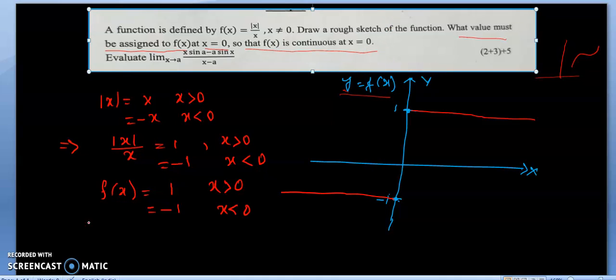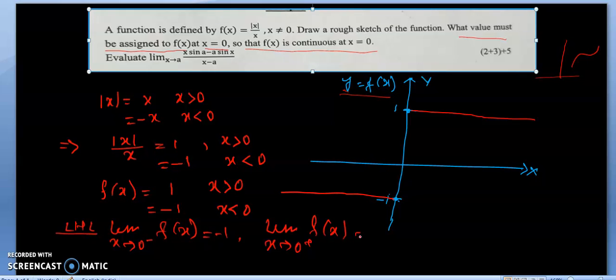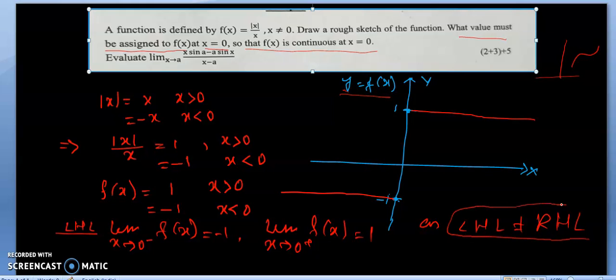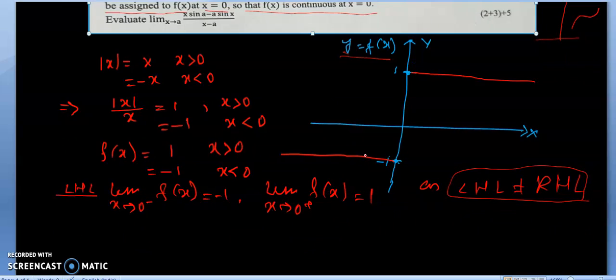Now if you try to find the value, the left hand limit as x tends to 0 minus of f(x) will be minus 1, and the limit as x tends to 0 plus will be plus 1. As LHL is not equal to RHL, this function cannot be extended to a continuous function.